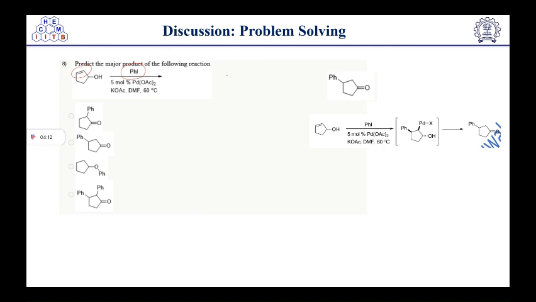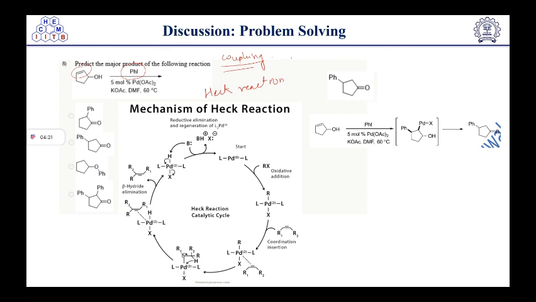So there is a name reaction, a coupling reaction, which gives the addition on a double bond. Which reaction is it? The Heck reaction. So this is an example of the Heck reaction.